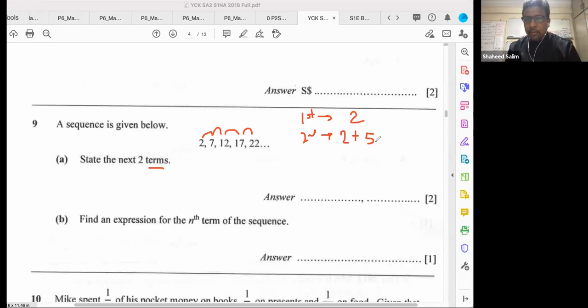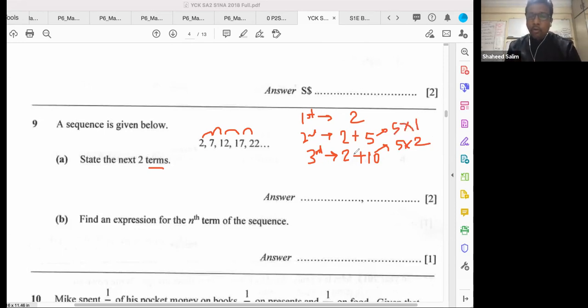Yeah. Now third term is 2 plus 10. Now what is 10? 10 is actually 5 times 2 lah. Oh yeah, 5 times 2. You must be able to see. Then 5 is 5 times 1 lah. Oh, okay.